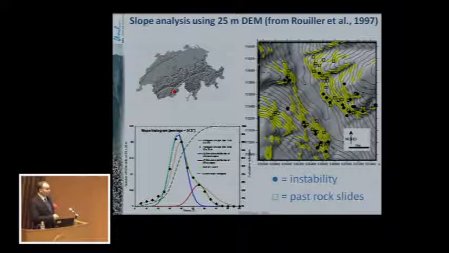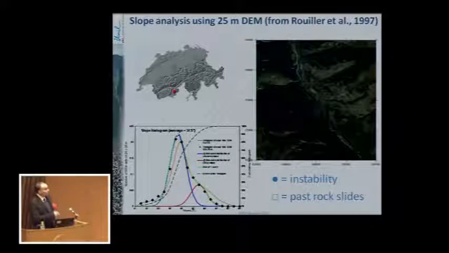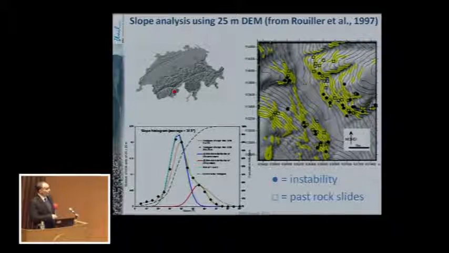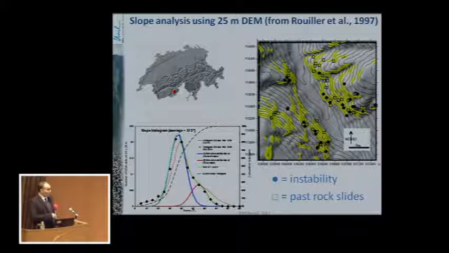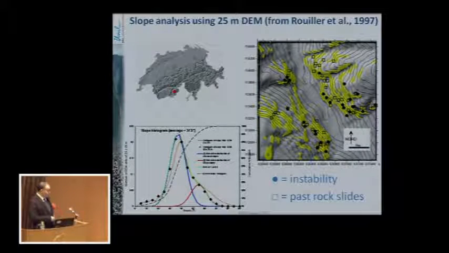If you look at this area in Switzerland, there are some cliffs there, and the instabilities you can observe from past rock slides are all located more or less above this 50-degree limit. Now if we move to the recent LiDAR DEM, you see that the slope is a bit different, but not so different, with higher slopes really going up to 85 degrees.